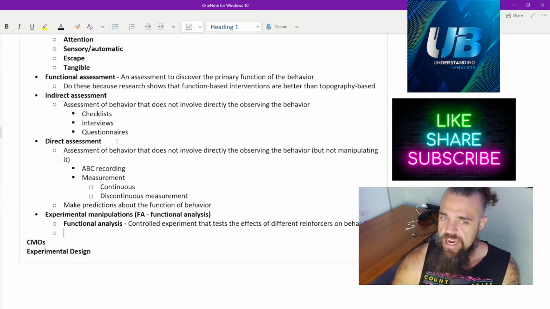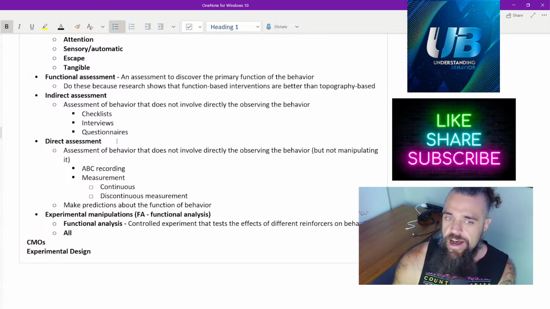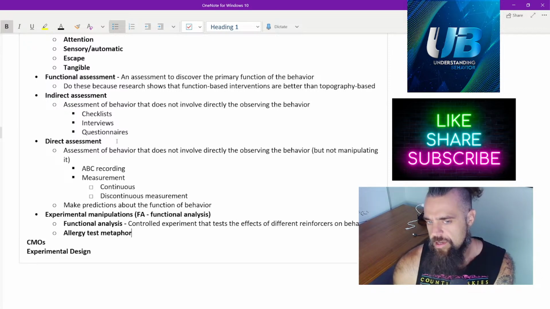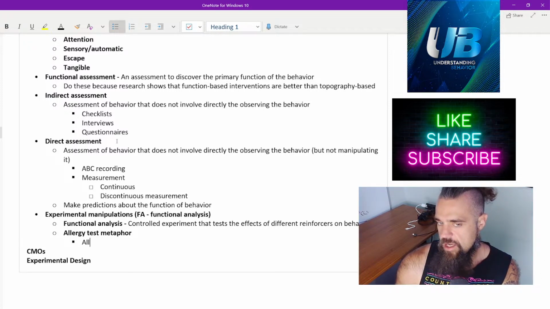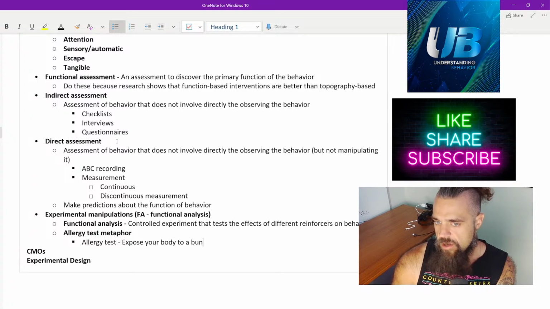One of my favorite analogies for the functional analysis is the allergy test metaphor. You go to the doctor and get an allergy test, and what they do is expose your body to a bunch of irritants and see what it reacts to.